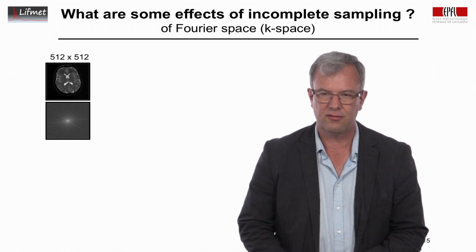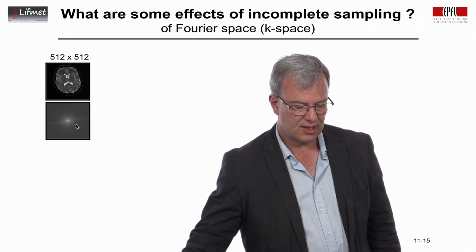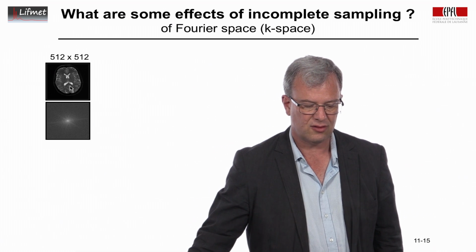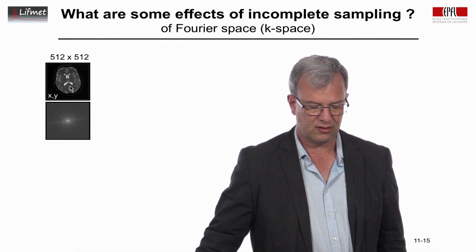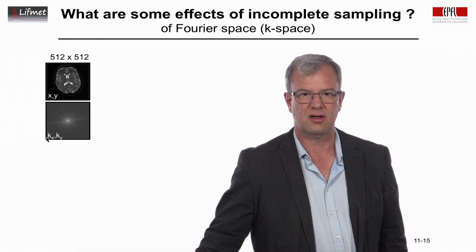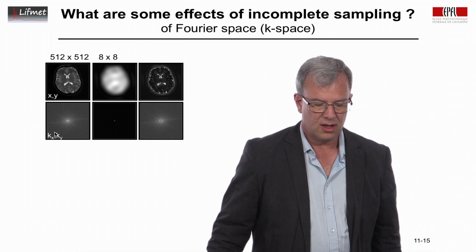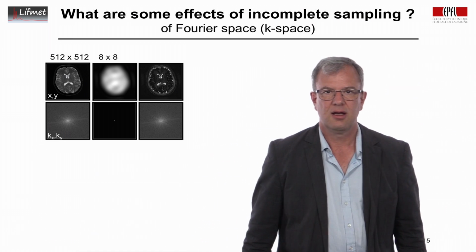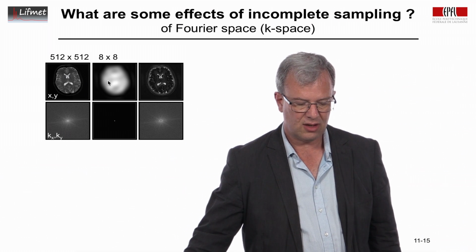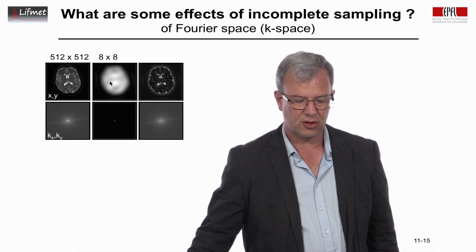Here is an MRI image, the data acquired at 512 by 512 spatial resolution. That's the reconstructed image, the 2D Fourier transform. That's XY space, and this is K space here, Kx, Ky. If we now take the center 8 by 8 points and reconstruct this, we get a very blurry image.